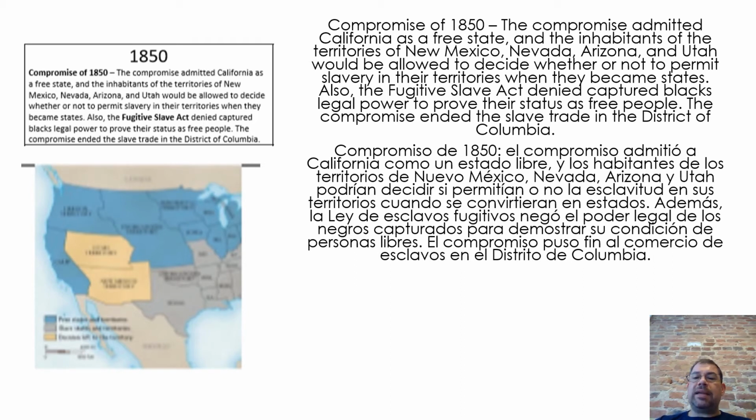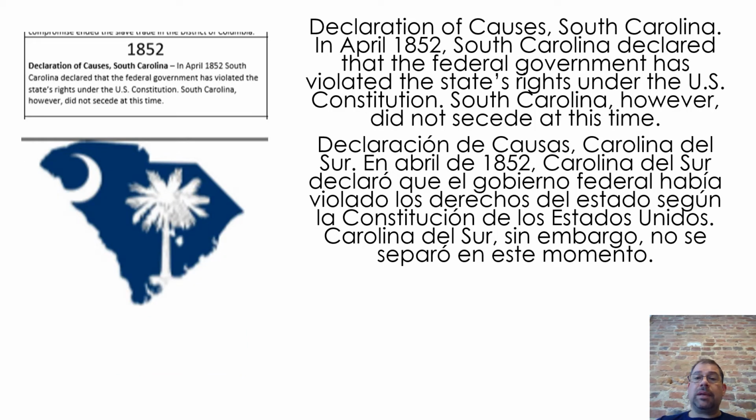The compromise ended the slave trade in the District of Columbia. Declaration of Causes, South Carolina. In April 1852, South Carolina declared that the federal government has violated the state's rights under the U.S. Constitution. South Carolina, however, did not secede at this time.